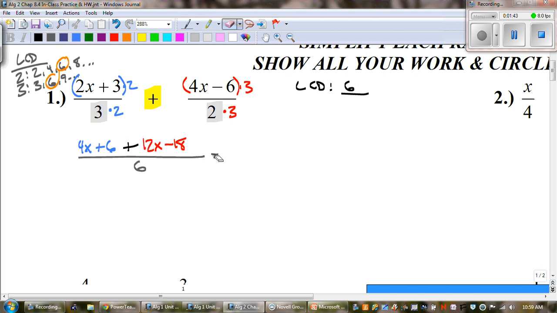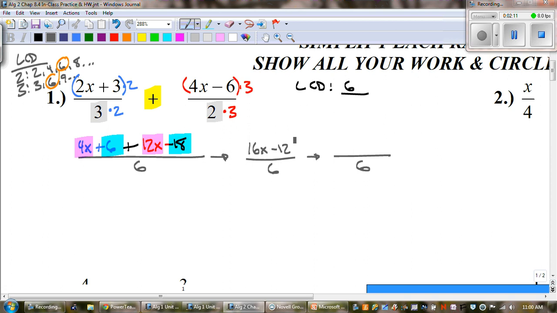Okay, let's look. What can we combine? Well, 4x plus 12x, that gives us 16x. And 6 minus 18, well, 6 minus 18 is negative 12. Can I factor anything?